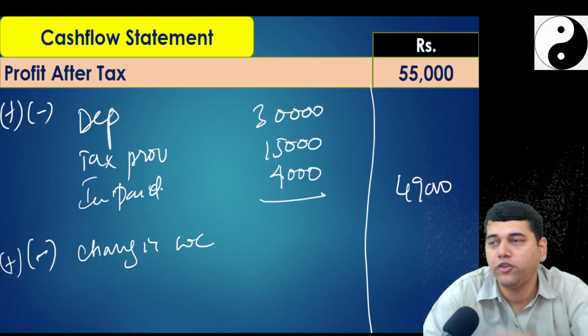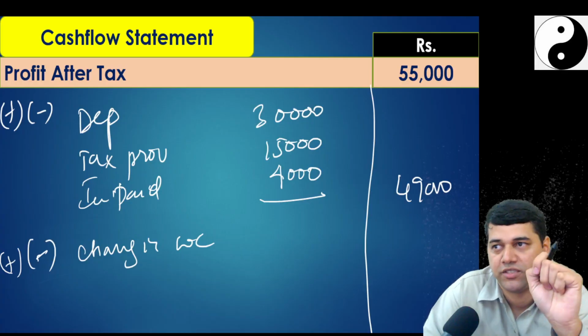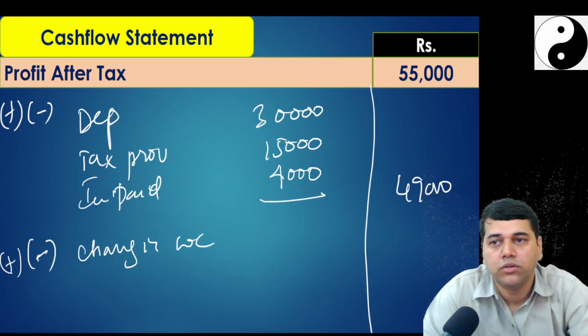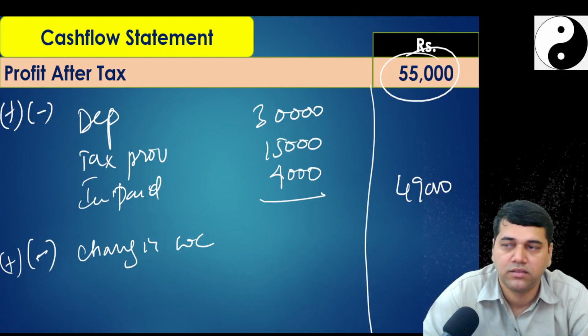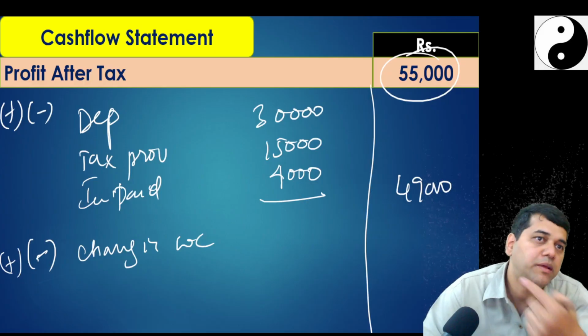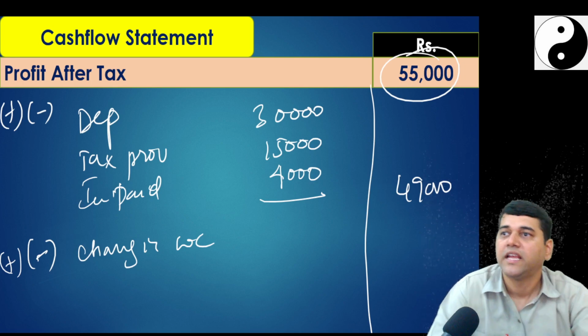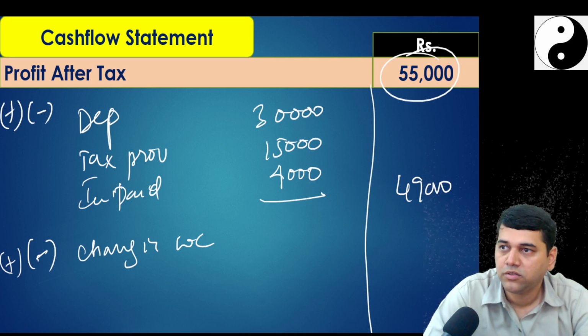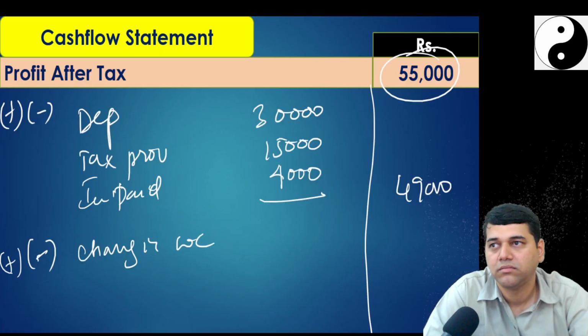Interest paid. When you paid the interest, what accounting entry did you pass? Finance cost account debit to cash. What did you do? You deducted it from the profit. Since I am following the indirect method, interest paid should be part of financing activity. How can you deduct it from the profit and say cash flow from operations? So your operational profit is shown less. Add it back.